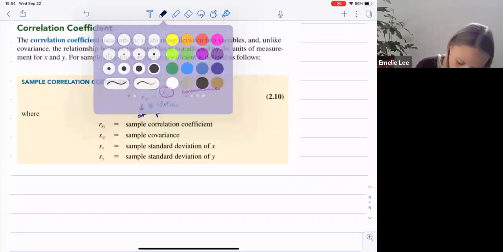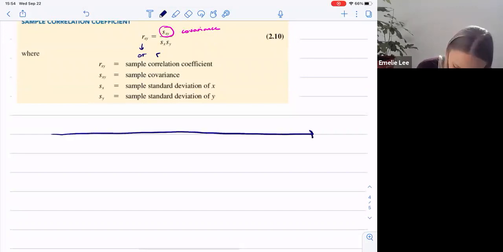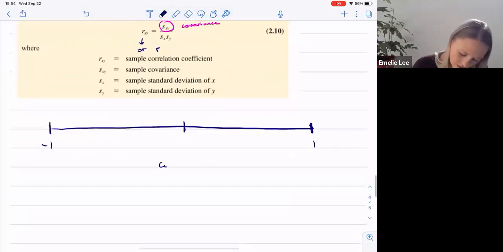So I like to do this kind of number line style, because as a fact, correlation goes between -1 and +1, right? And so we're stuck here, -1 and +1, and here's our correlation. Here's 0.